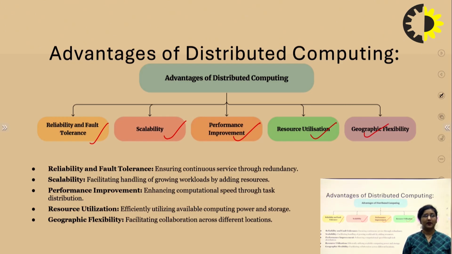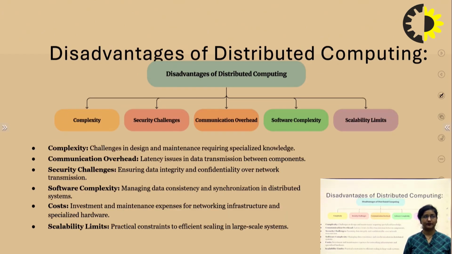Scalability: facilitating handling of growing workloads by adding resources. Performance improvement: enhancing computational speed through task distribution. Resource utilization: efficiently utilizing available computing power and storage. And geographic flexibility: facilitating collaborations across different locations.